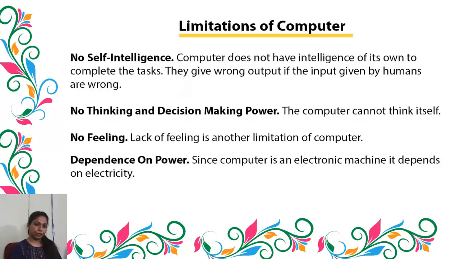Now comes your limitations. What are the limitations of a computer system? First is no self-intelligence. Yes, this is true. Computer does not have intelligence of its own to complete the task. They give wrong output if the input given by the human is wrong.